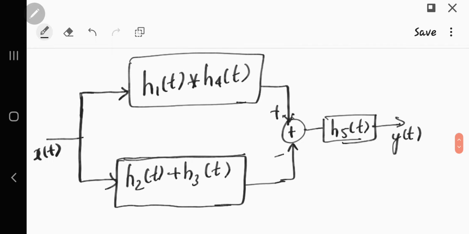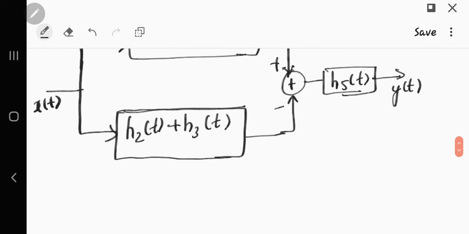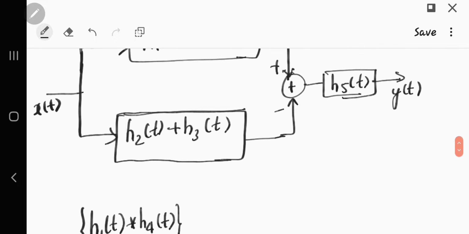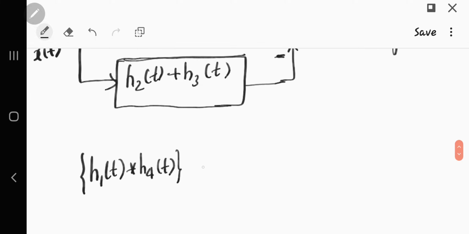Now considering these two again, these two responses are connected in parallel, and let's reduce that as well. If you reduce that, you'll get the expression h1 of t convolved with h4 of t, with plus here, and here it is minus, h2 of t plus h3 of t.